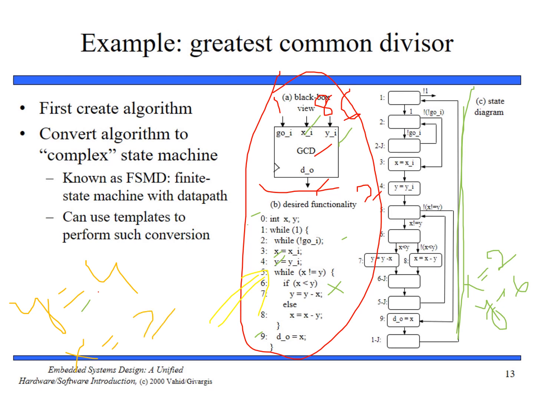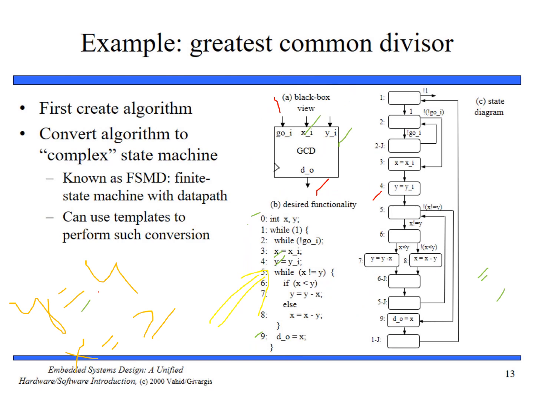Now let me rub this and clear this out as well. Okay, so x is less than y? No, so it will come into this one, x minus y. No, sorry, x is less than y?